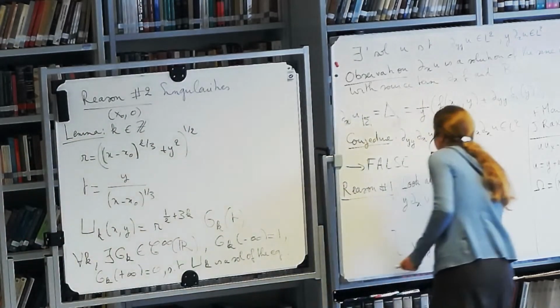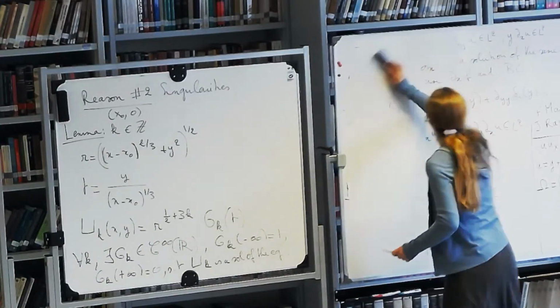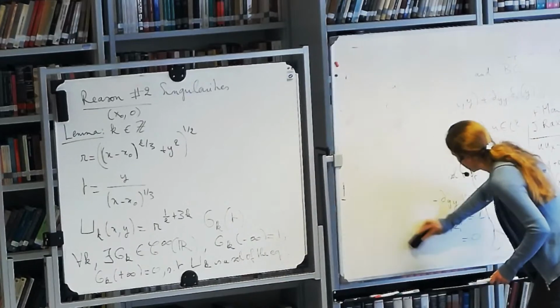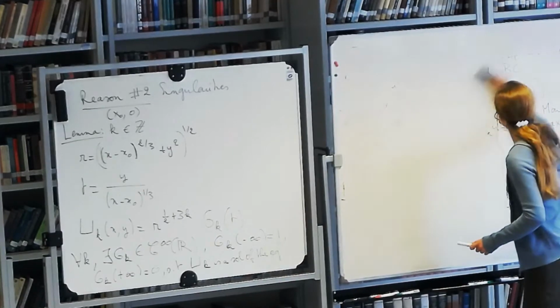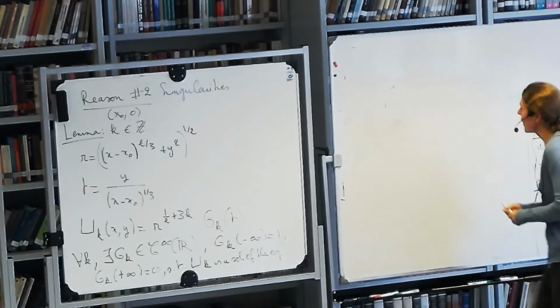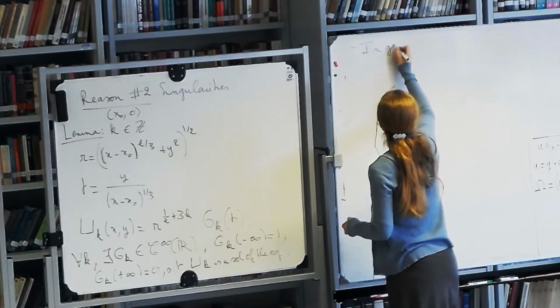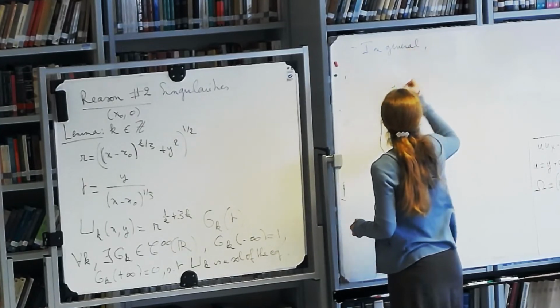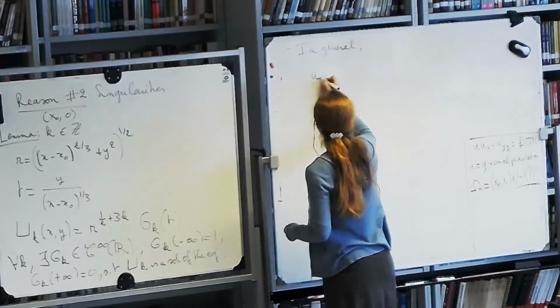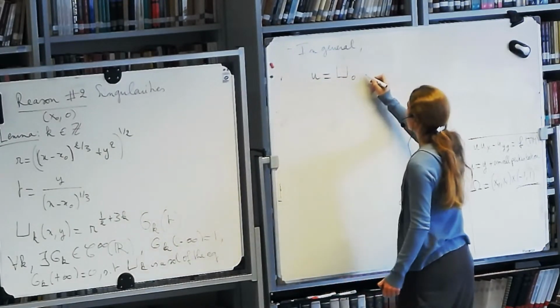Okay, and then what happens is that for general source terms, in general, you can write u as u naught times some truncation.